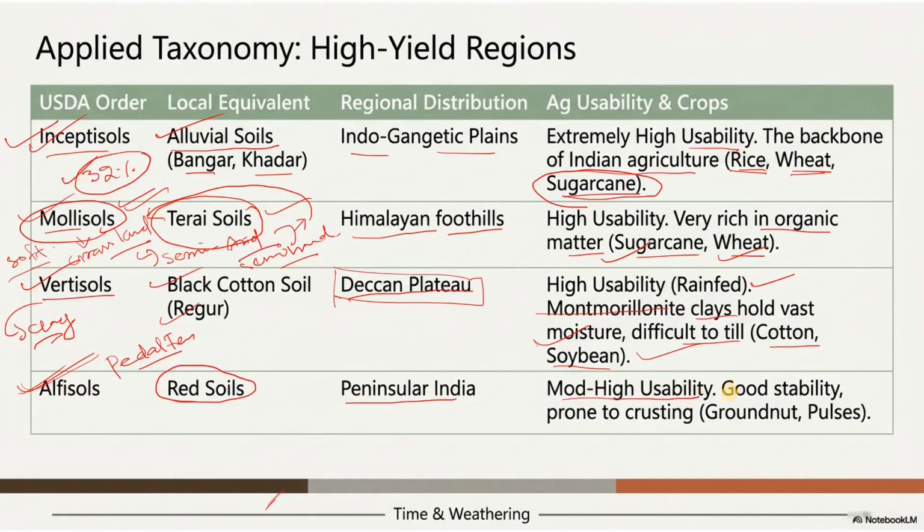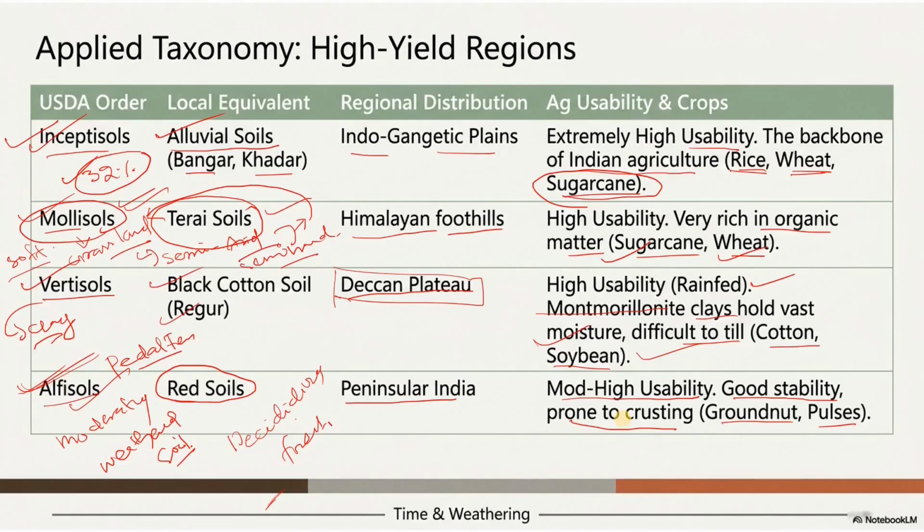Moderate to high usability of this soil in agriculture, and it has good stability, prone to crusting, and groundnut and pulses are majorly grown in India in this kind of soil. And these soils are moderately weathered. These soils are found in the deciduous forest.